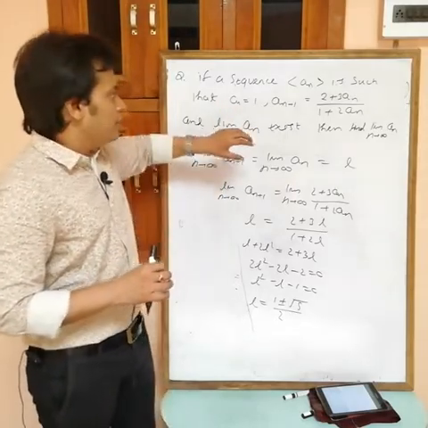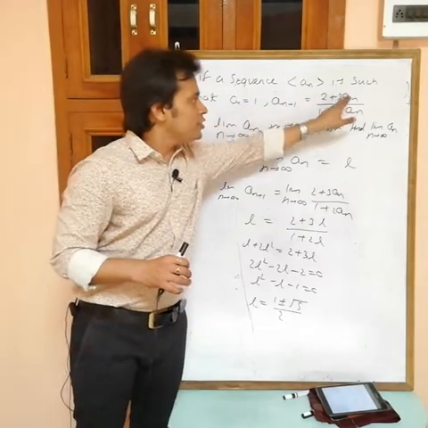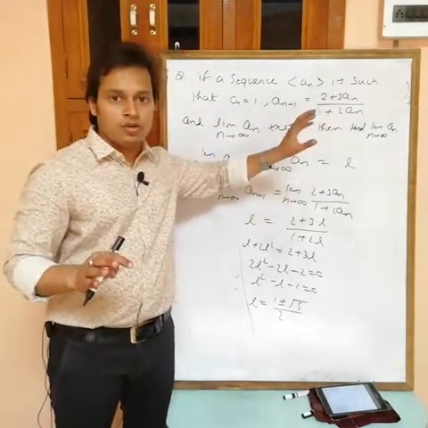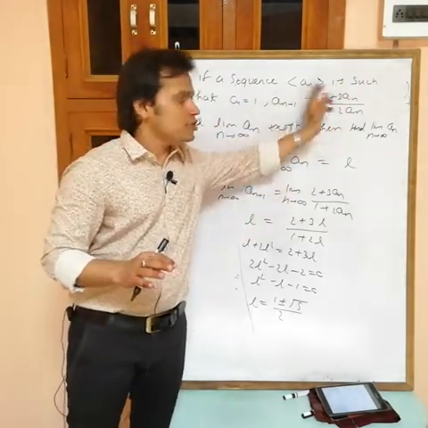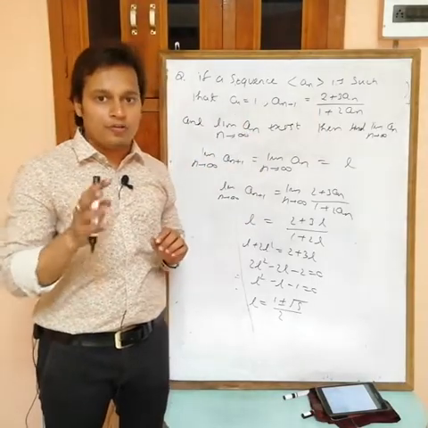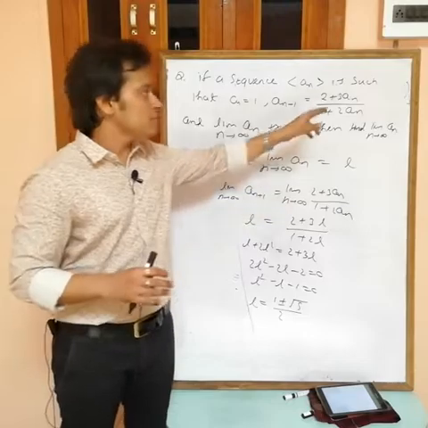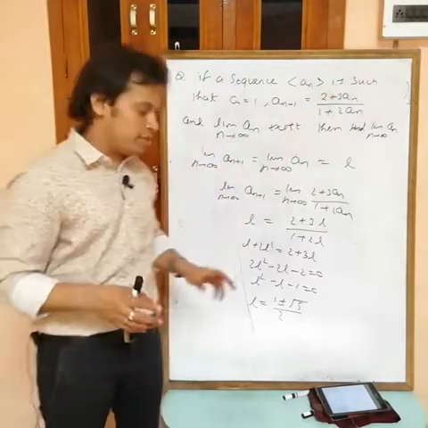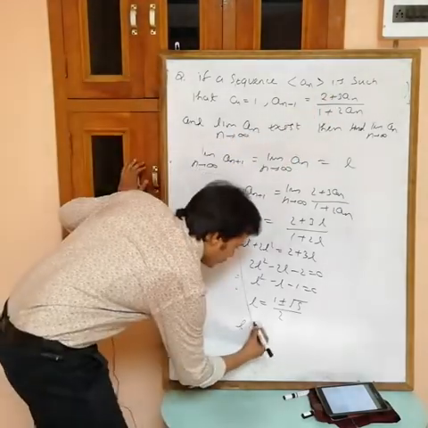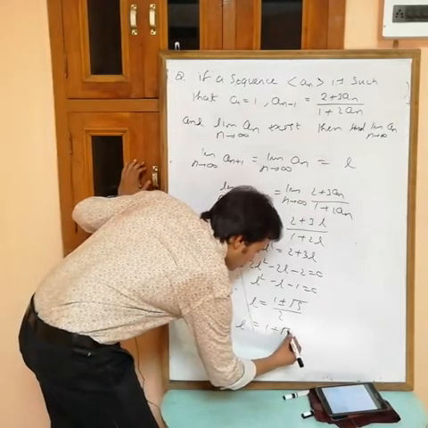If any term is positive, there is only a plus sign, right? If a1 is positive, then a2 is automatically positive. If you put a2, then a3 you will get positive, because there is no minus sign, there is only a plus sign. So L is equals to (1 plus root 5) by 2.